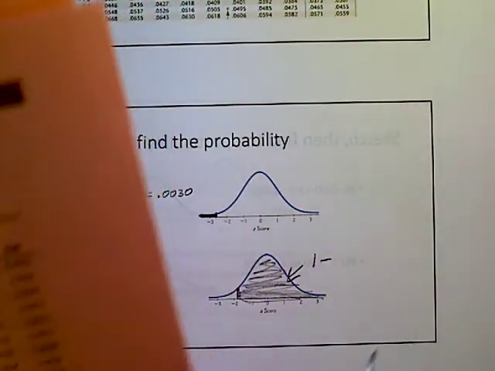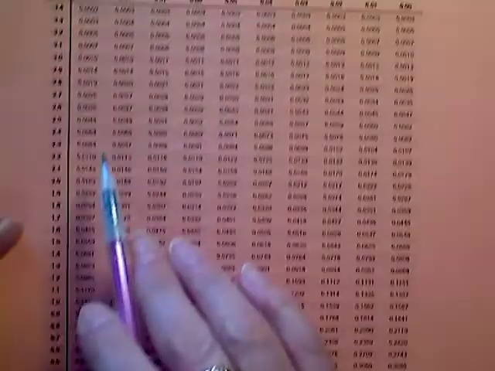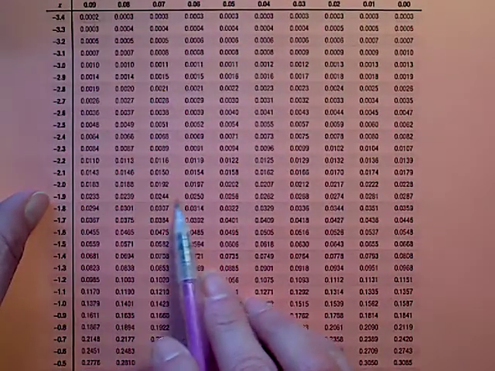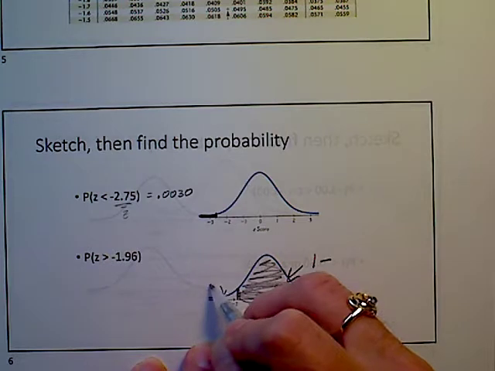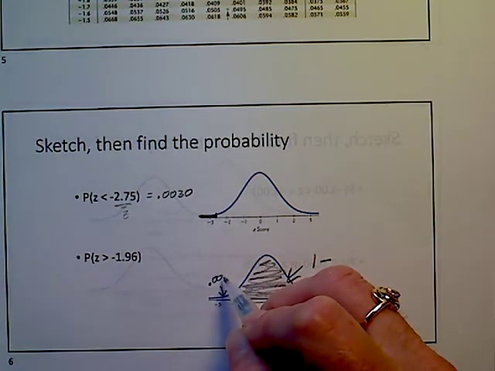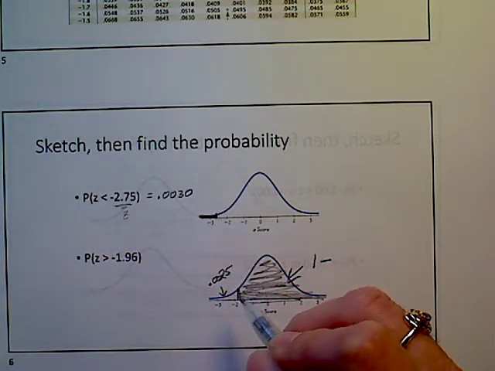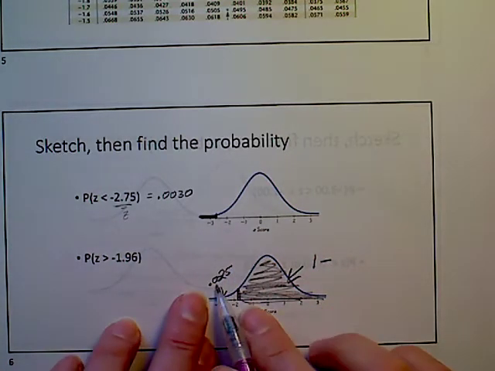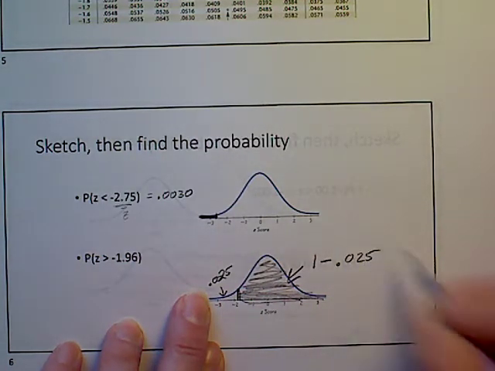So this area is 1 minus whatever this is. So let's go look it up. Negative 1.96, boom, 0.025. So this area is the rest.